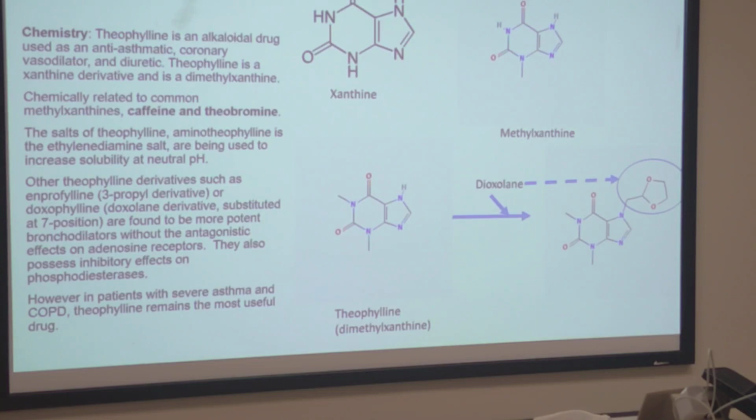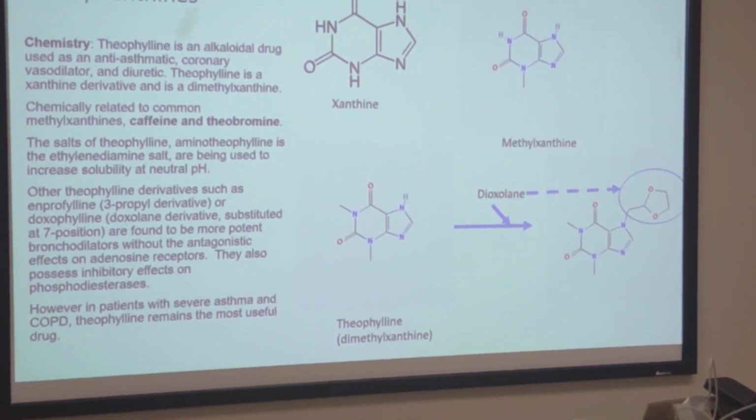They're used as anti-asthmatic, coronary vasodilator, and diuretics. Now, theophylline is a xanthine derivative. Remember the xanthine molecule from purine metabolism. When we studied purine metabolism, xanthine is produced from adenine or guanosine metabolism.